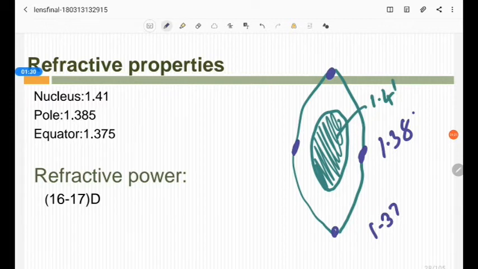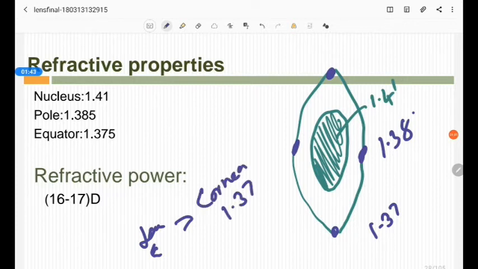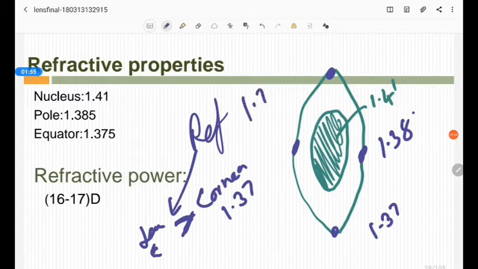On an average, it is a little more than the cornea. Cornea is around 1.37. So the refractive index of the lens is more than that of the cornea, and on an average this may sum up to 1.38 or 1.39.